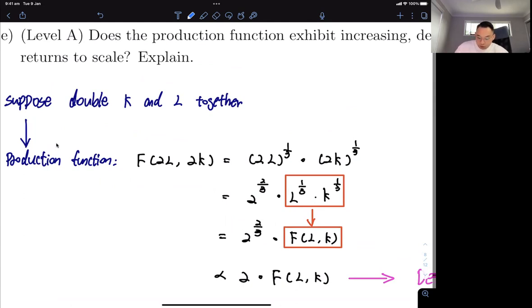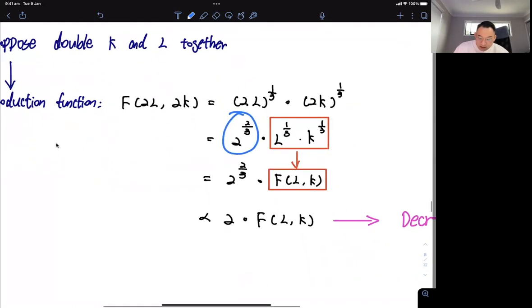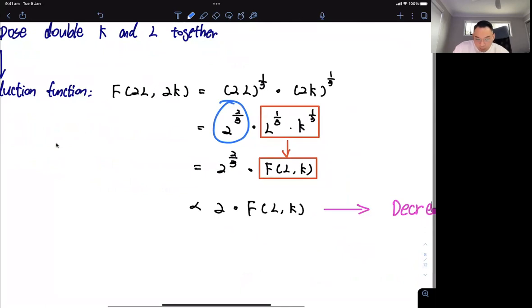Therefore, we have 2 times 2 to the power of 2/3 times L to the power of 1/3 times K to the power of 1/3. As you can see, L to the power of 1/3 times K to the power of 1/3 is exactly the production function. So 2 to the power of 2/3 is obviously smaller than 2 times F(L,K), right?